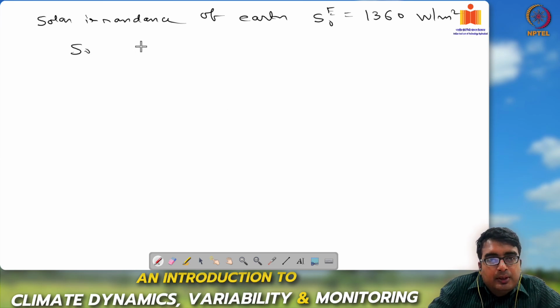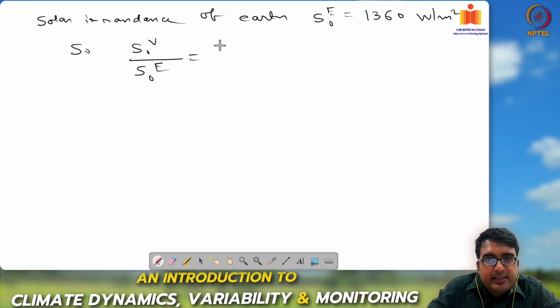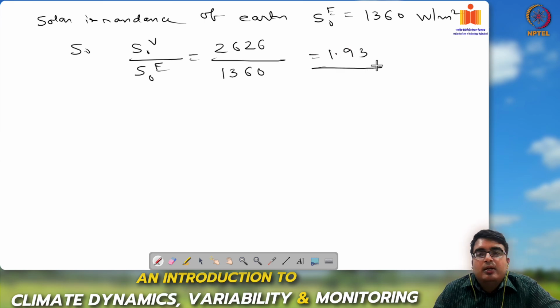So S0 of Venus by S0 of Earth, the irradiance ratio between Venus and Earth, is 2626 by 1360, equals 1.93. So Venus is getting 1.93 times more energy per meter square compared to that of Earth.